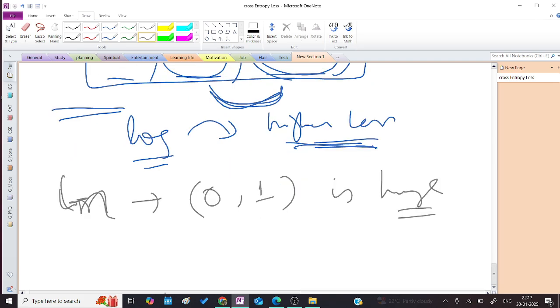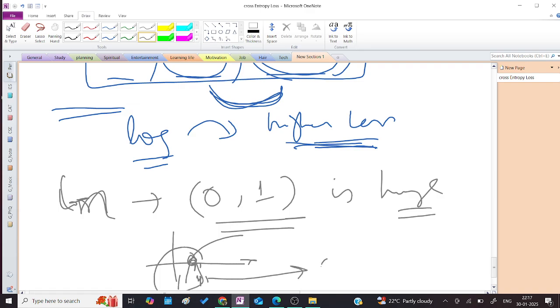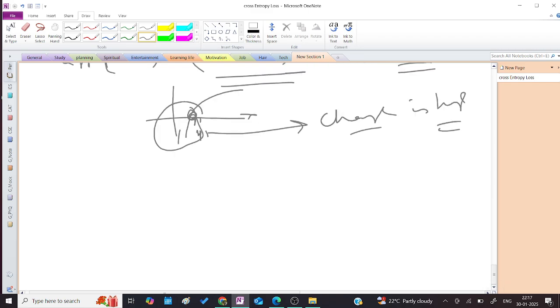Okay, so you can see that it should be like this. And here from 0 to 1, the change is huge. So we have used this log term.